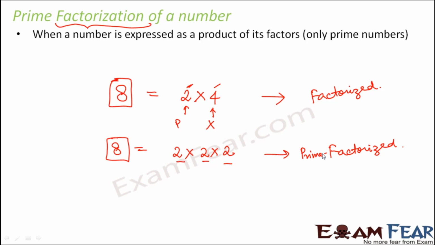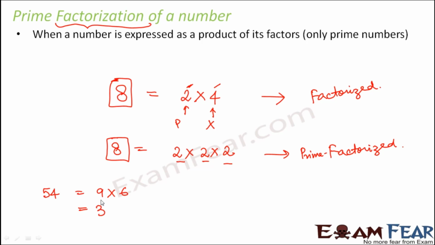So when a number is expressed as a product of its factors such that all the factors are prime numbers, then we call it the prime factorization of that number. Let us take some other examples. Let us talk about the number 54. 54 can be written as 9 into 6 or 6 into 9. This is factorization of 54, but this is not prime factorization because neither 6 nor 9 is a prime number.